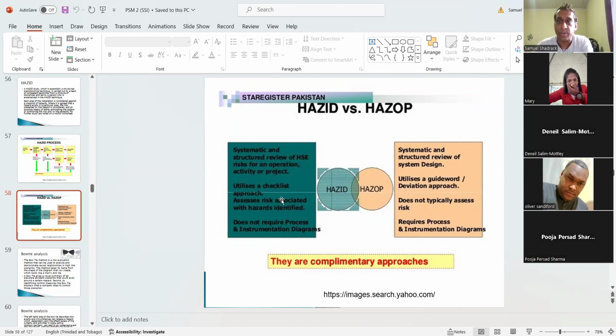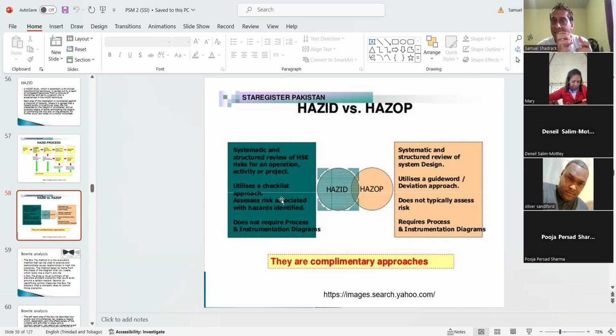So we just need to consider, well, what is a checklist now, right? So a checklist, you all may have seen it like for housekeeping. So with a checklist, the hazards are already there, right? Like poor housekeeping, condition of the floor, and they have like some columns to tick then. They have like good, bad, fair, right?